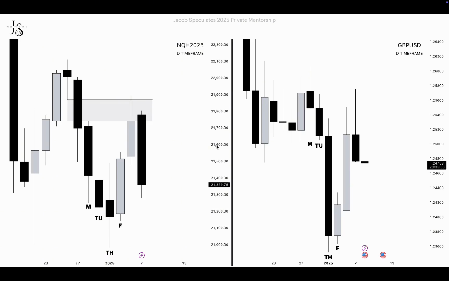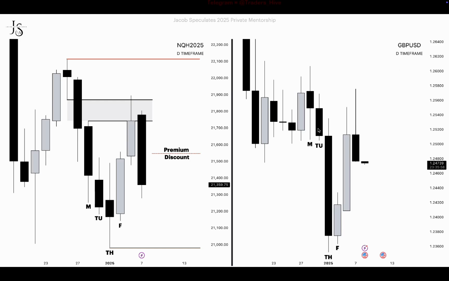Now, what do I mean by that? As you can see here, Monday was below this candle and below this candle. But on the pound, Monday was the highest point of the previous week. Whenever you're comparing assets, sometimes you have to allocate for the previous candles before the highest point, if the other asset allows it.